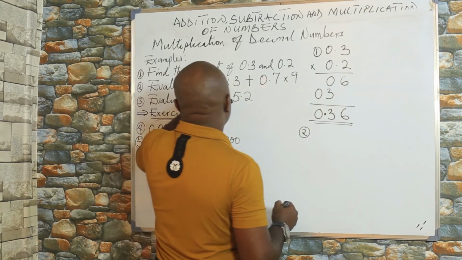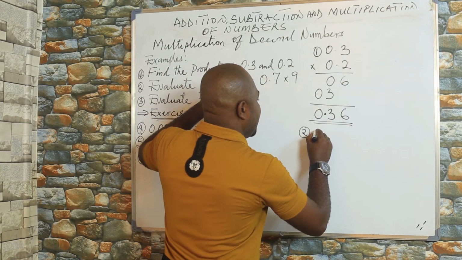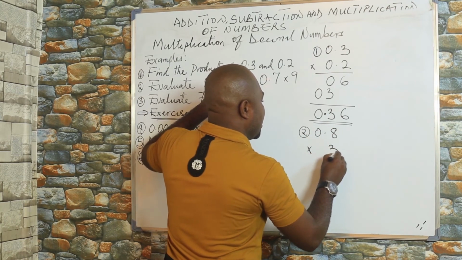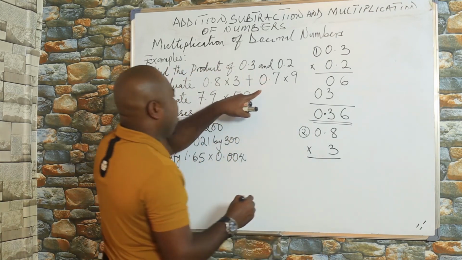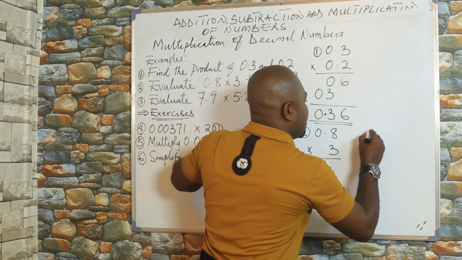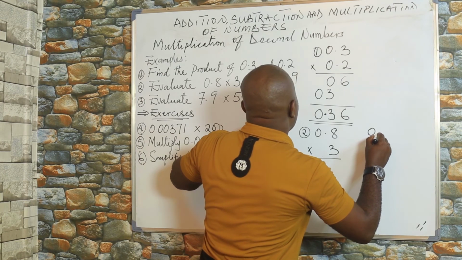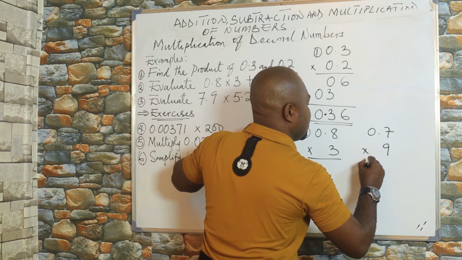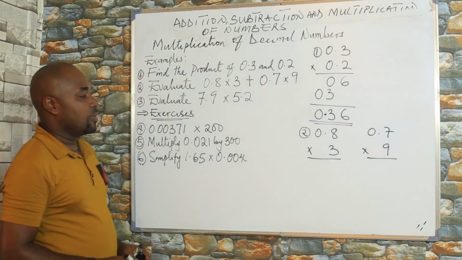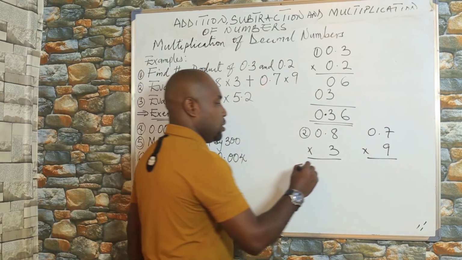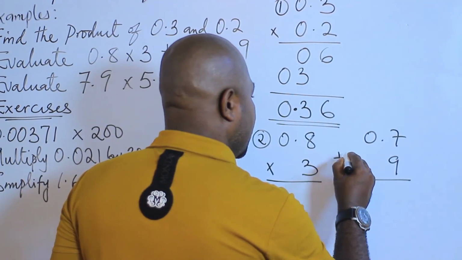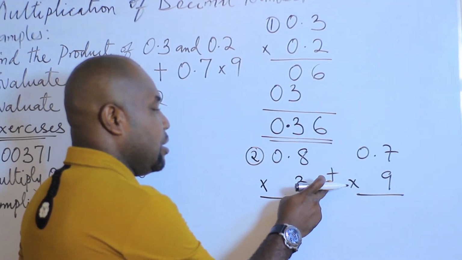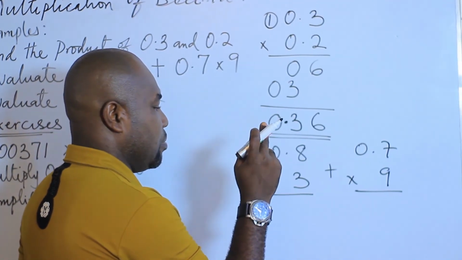Now, 0.8 times 3, and the other will be 0.7 times 9. But there is addition in between them.